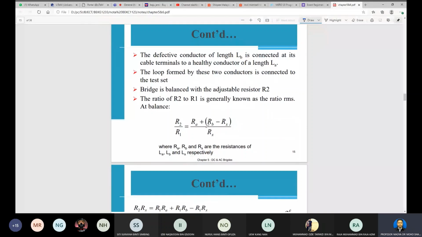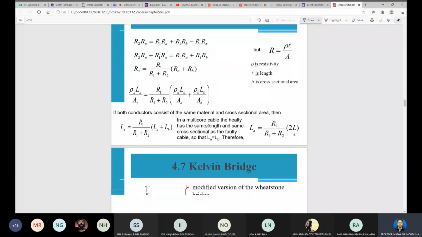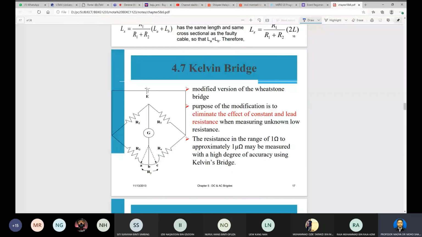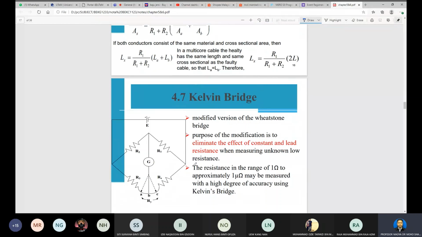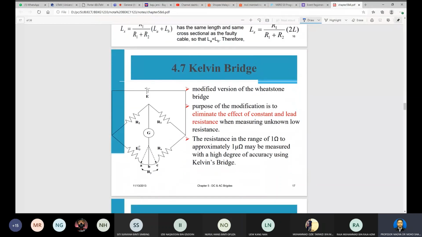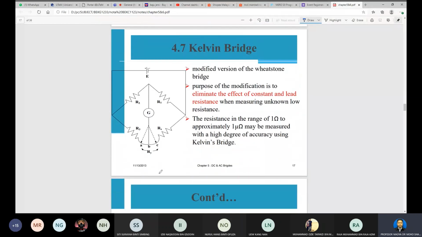Another one I mentioned is the Kelvin bridge. It is similar to the Wheatstone bridge, but different on this part, where they add another RY here. The concept is similar to the Wheatstone bridge, but they differ on the RY.